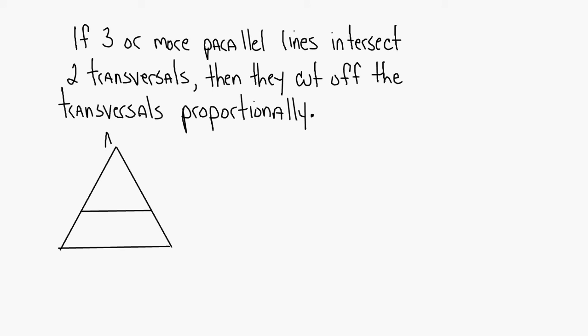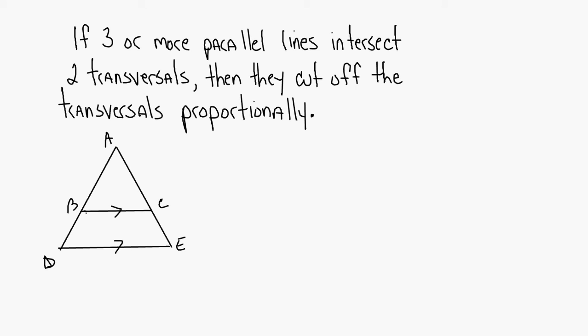If this was A, B, C, and D and E. Okay, we said that AB over BD equals AC over CE, if that's parallel. Okay? If you take that same concept and just expand it a little bit, this says if 3 or more parallel lines intersect two transversals.